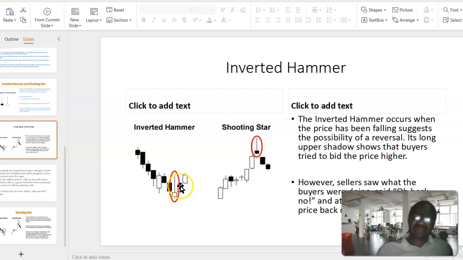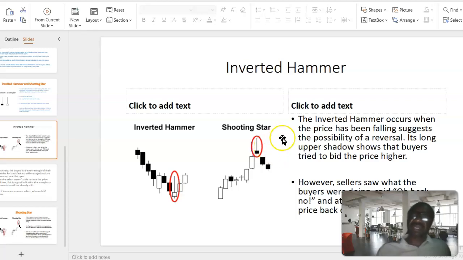What happened? An inverted hammer showed up. Price began to rally up. Shooting star, the same thing happened. Bulls took it up, and a shooting star came up, and the bears also dropped the price down. So this gives us a signal that something is about to happen.